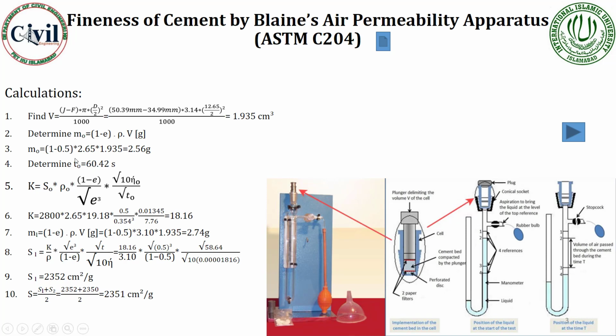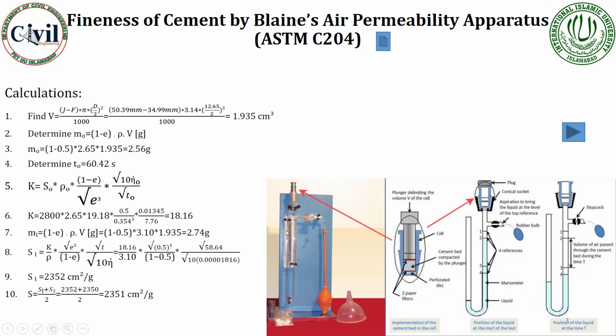After T naught comes, you will calculate K, which is the constant for this device and standard specimen, for which you will need the specific surface area of the standard specimen, density of the standard specimen, porosity, and time lag. Eta naught is basically the density in air. By calculating K, you will have a value of 18.16.